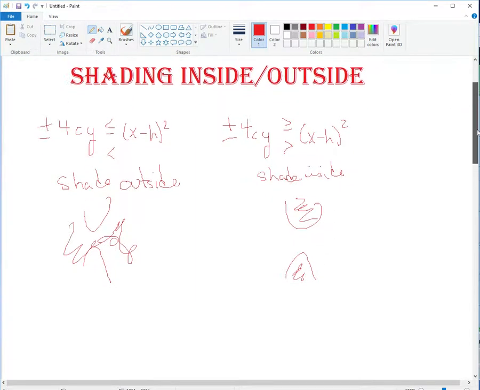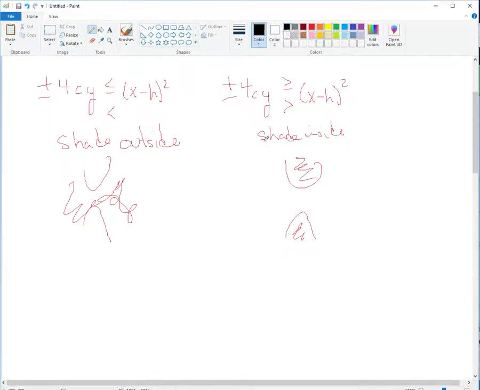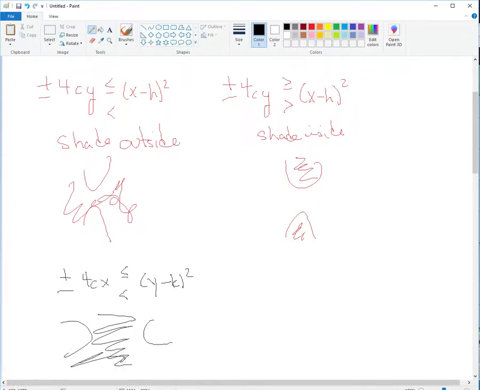Okay, and the same rule holds true for horizontal ones. So even if you did 4cx less than y minus k, you would have either that or that, and you're shading outside of it.